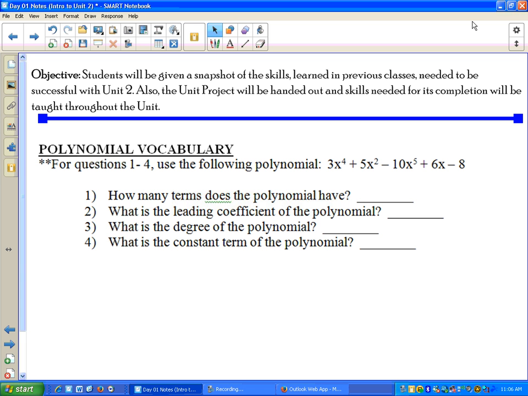A number or variable. What separates terms? Addition or subtraction. So looking at this, 1, 2, 3, 4, 5. This has 5 terms.